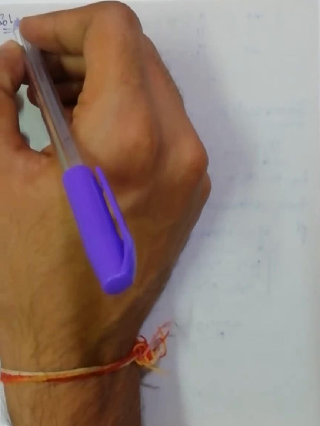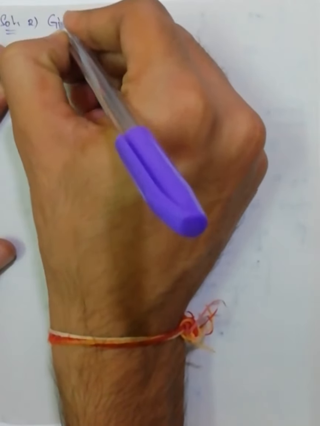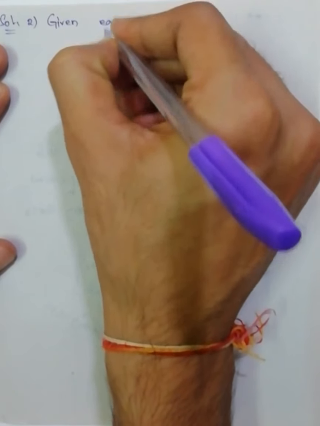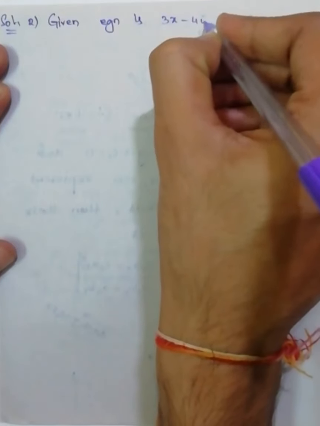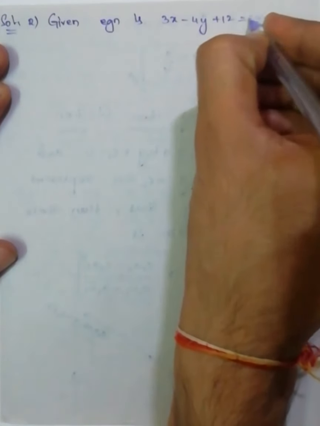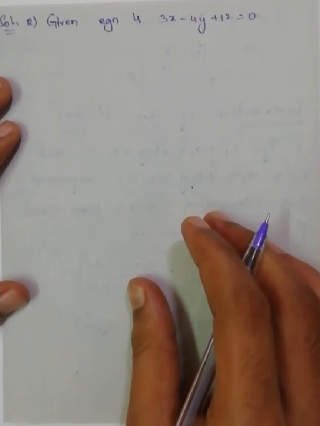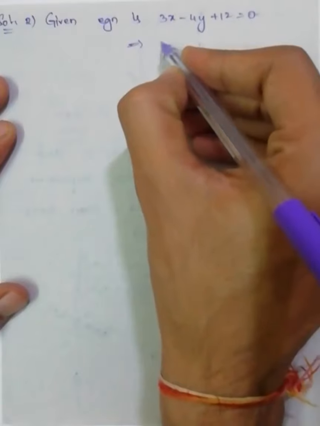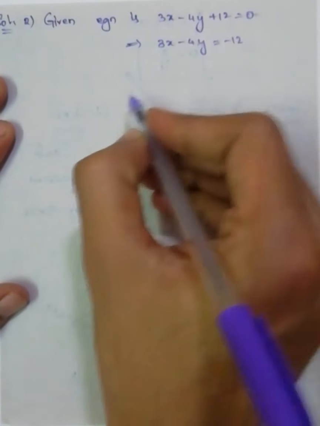Second one, the given equation is 3x minus 4y plus 12 is equal to 0. Now I am going to transform this one into an intercept form. 3x minus 4y is equal to minus 12.